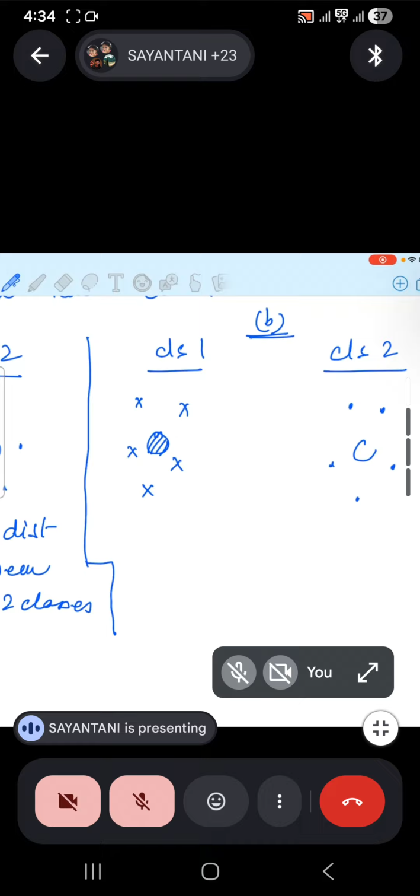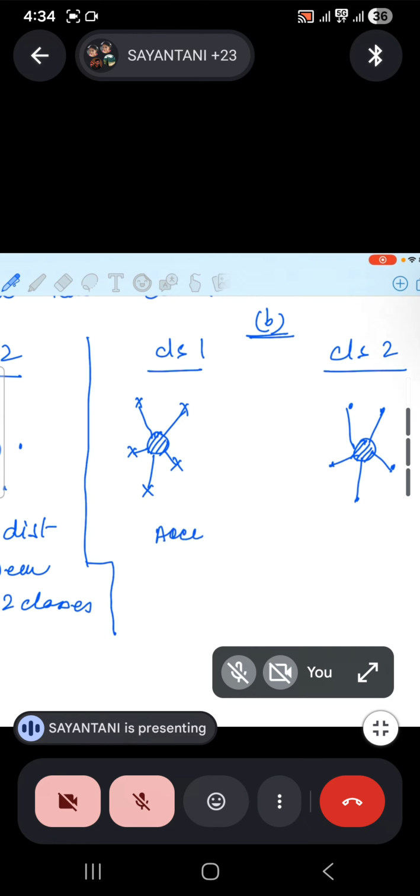These are the data points, and suppose this is the centroid. So over here, the distance of the individual data points of a particular class from the centroid, the sum of all these distances, I have to minimize.